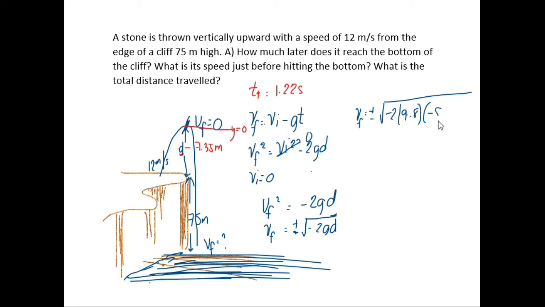Total of 82.35. The final velocity is, okay, for the final velocity we have 40.18.